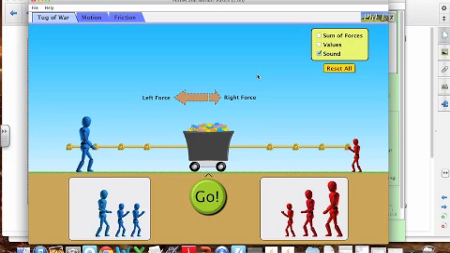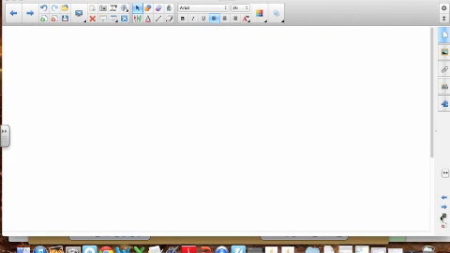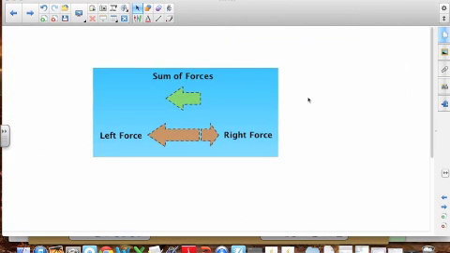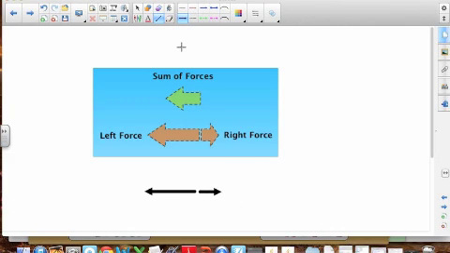Now we can represent the fact that the left force is bigger than the right force by talking about something called the net force, or the sum of forces. So let me just take a screenshot of what we have over here. We have a vector pointing to the left, and we have another vector pointing to the right.